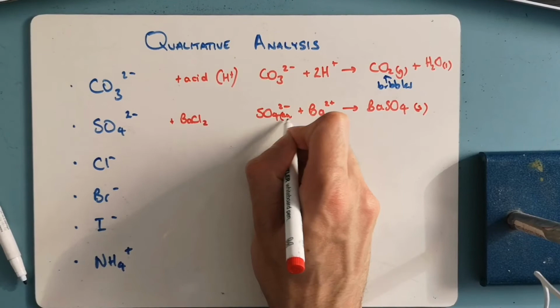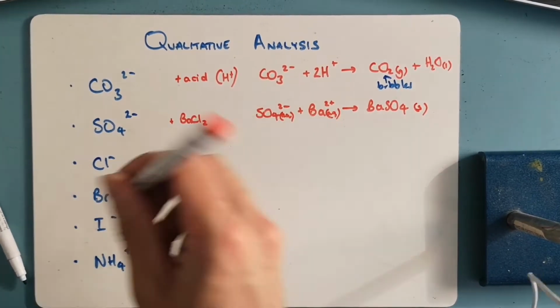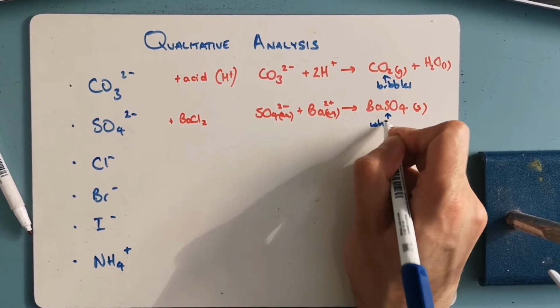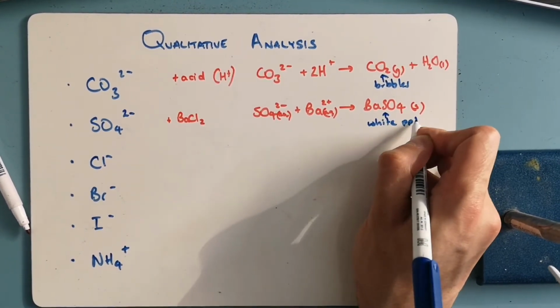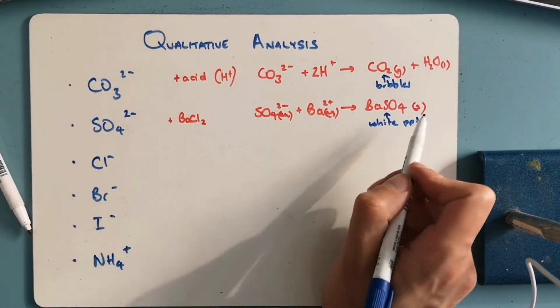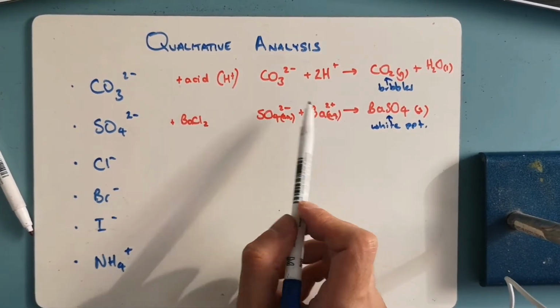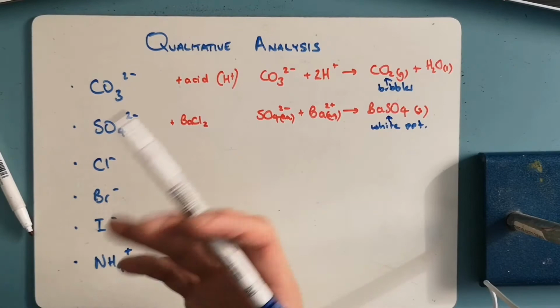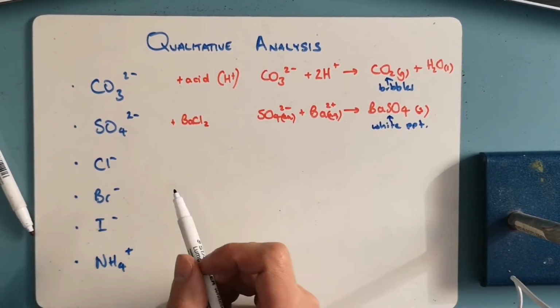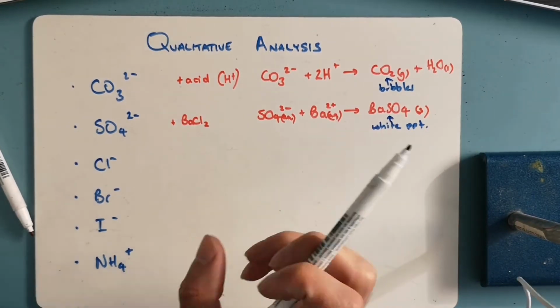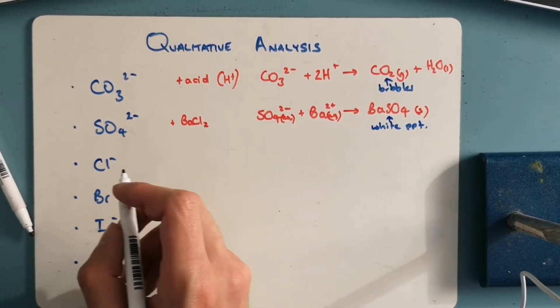Each of these reactants is aqueous, and this is a white precipitate, so it doesn't dissolve back in water. Carbonate with barium, despite being 2- and 2+, redissolves back into the water, so you won't see the white precipitate if it's carbonate, but if it's a sulfate, they cling together and stay together.